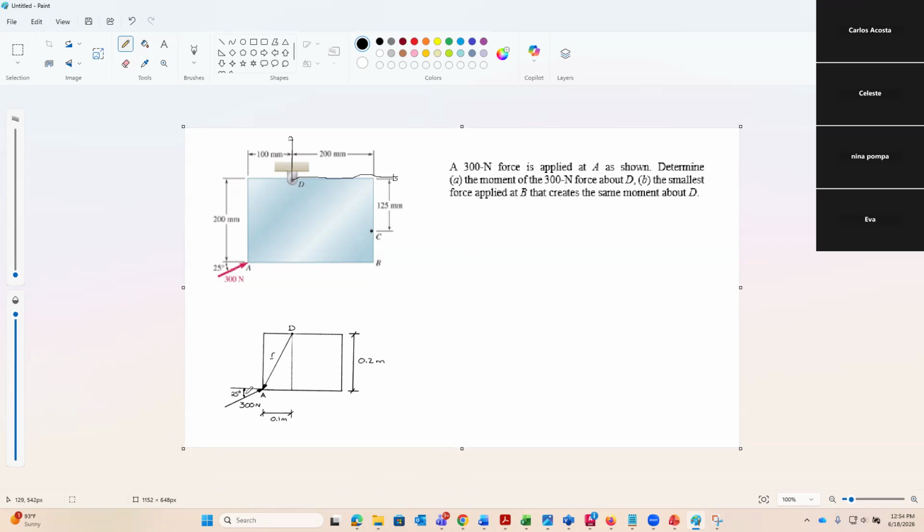And remember this is 25, so this triangle right here is 25. That's the component of the force. One thing is the component of the force, and one thing is the distance he has to travel. So the distance he has to travel is this in Y and this in X. So the force in X for that force A is the magnitude 300 times cosine of 25.